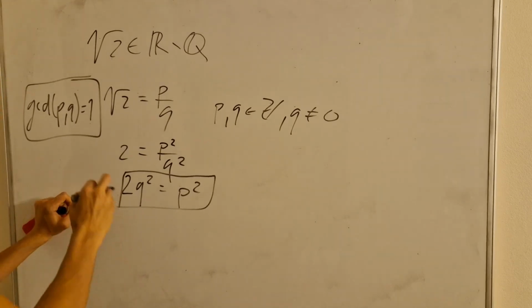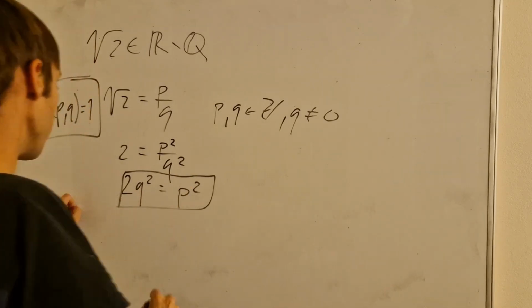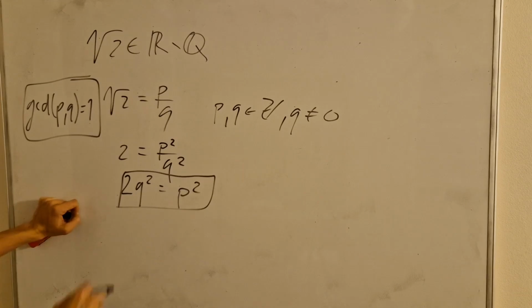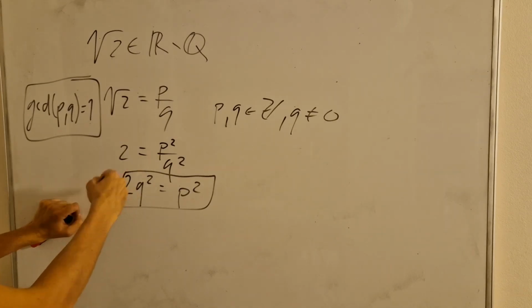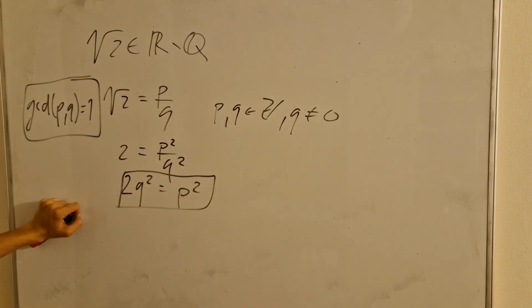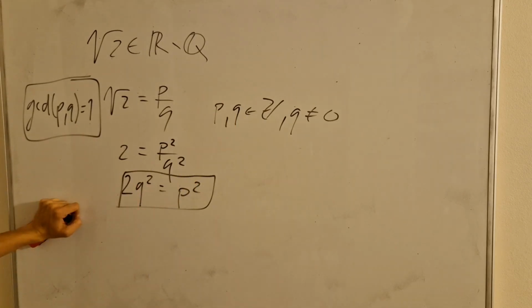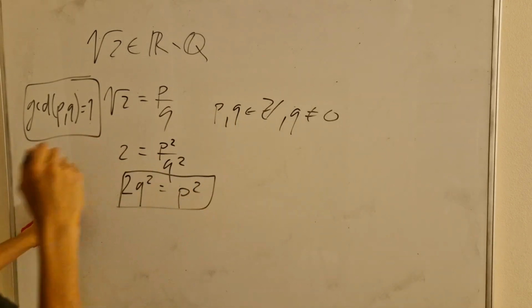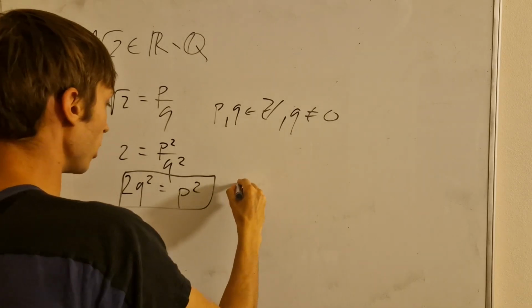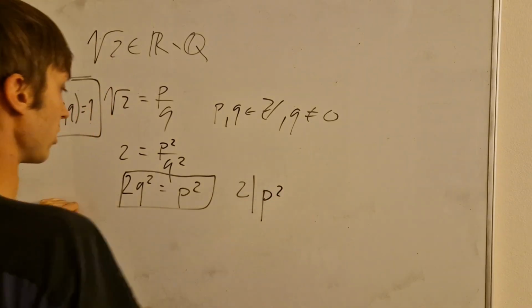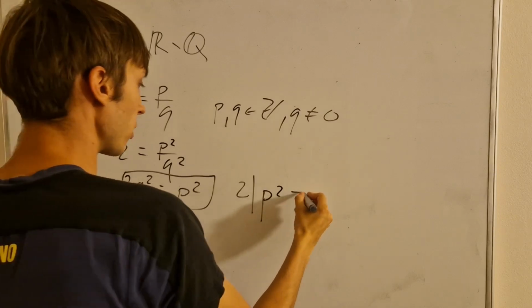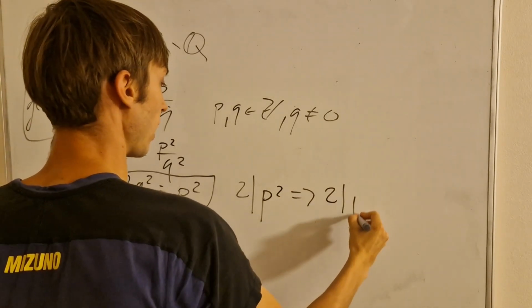First of all, this equation implies that the left side must be even. It has a 2 in the multiplication chain, no matter what q is, as q will definitely be an integer anyway. So the left side is divisible by 2, and therefore both sides must be divisible by 2, and therefore 2 divides the right side as well, and therefore 2 also divides p.